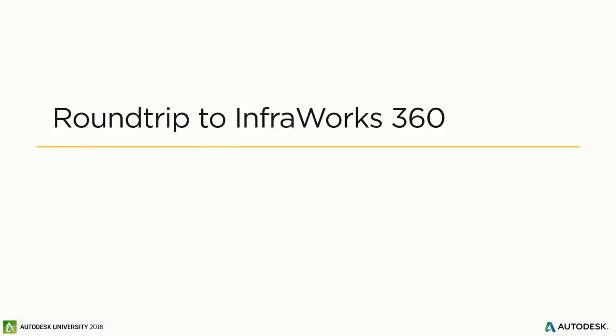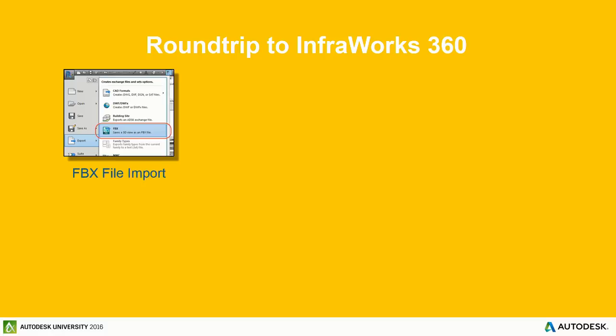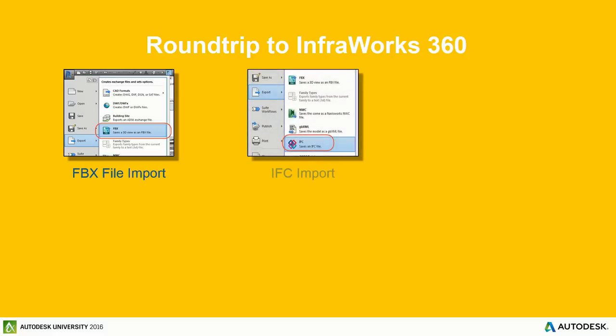And then the last part of the workflow will be how to round trip the data back into InfraWorks. Now, when we take the information from Revit and bring it back into InfraWorks, there are several ways to do this. FBX file import, IFC import. How many people know these file formats? Okay, good.